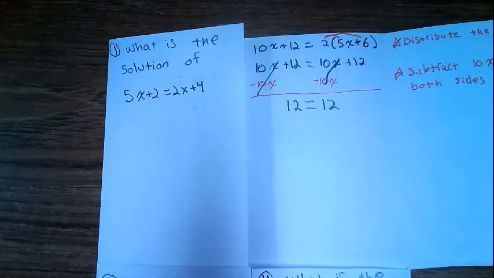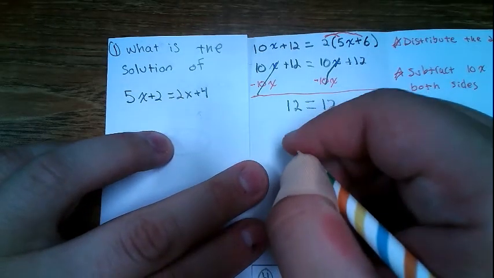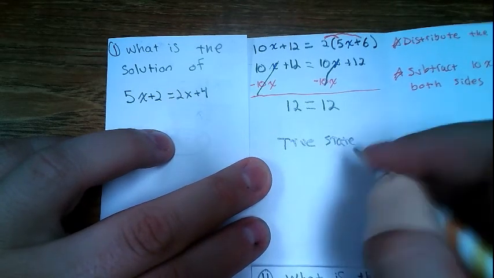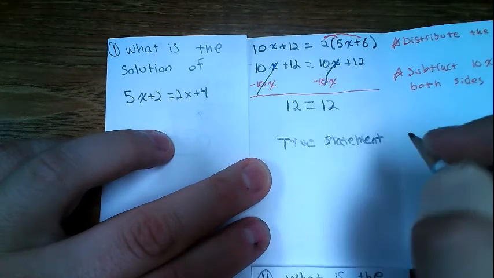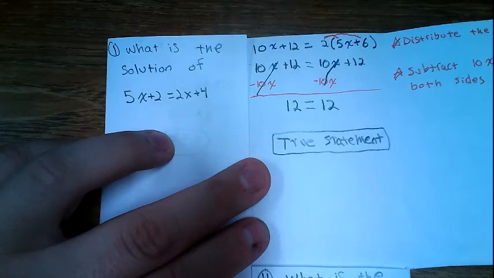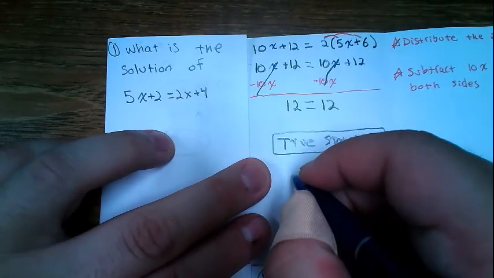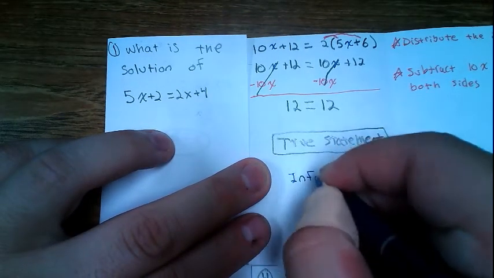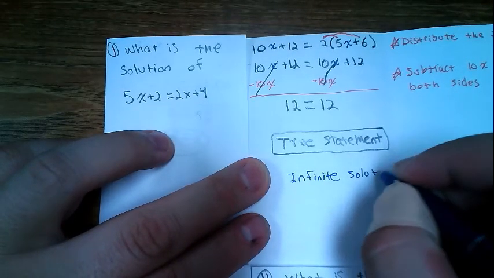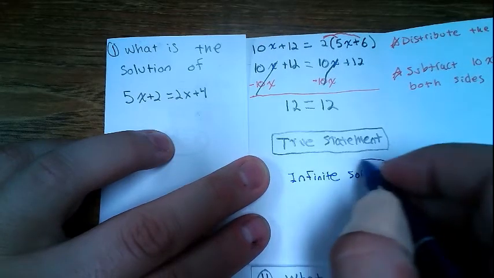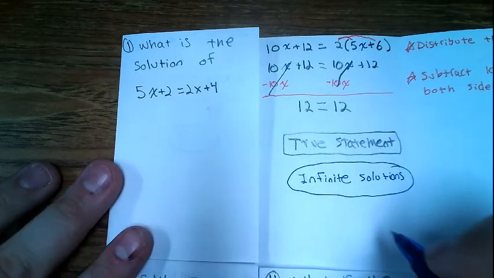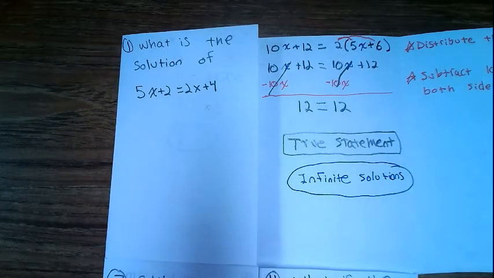So when you get rid of the variable and you have a true statement, okay, 12 equals 12 is a true statement, that means your solution is going to be infinite. So we say infinite solutions. And that's how you answer it. You don't say true statement, you say there are infinite solutions. Because it doesn't matter what x is.